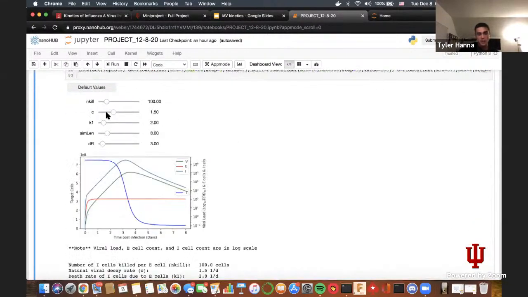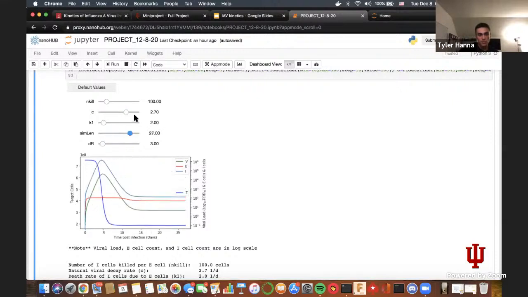And C is going to behave as we've seen in the previous models, where by increasing C, we're going to see a longer infection duration, and decreasing will do just the opposite.